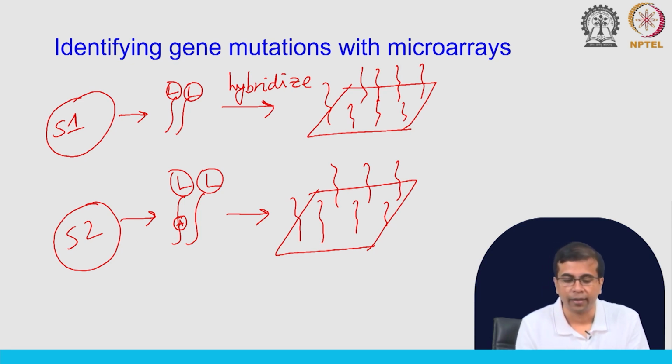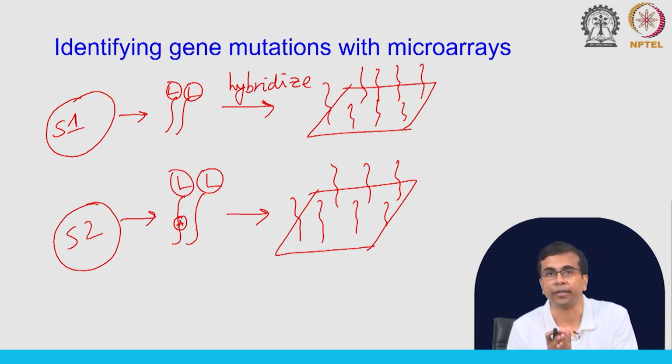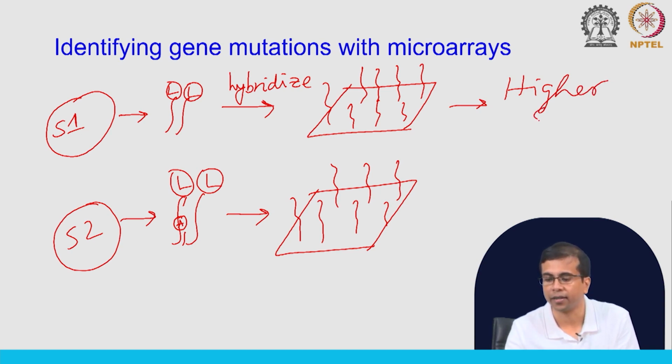Compared to that, because there is a mutation, this will disturb the hybridization process, because the mutation is not complementary. The part before and after this mutation is complementary to the probe, but this mutation is not. So, this will disturb the hybridization process, which means you will get lower signal. So, you will get higher signal here, in case you have stronger hybridization.